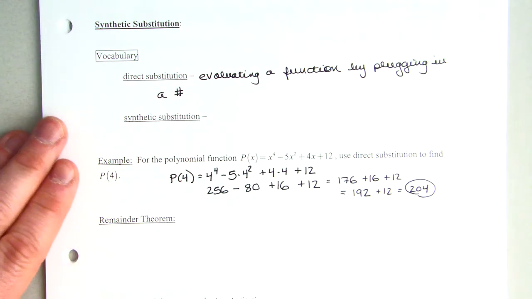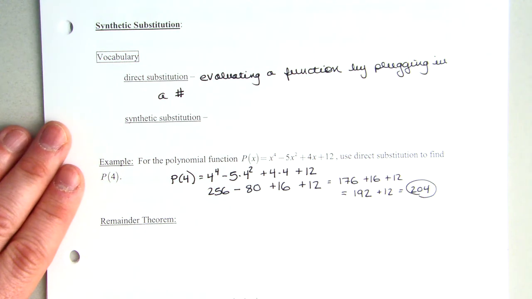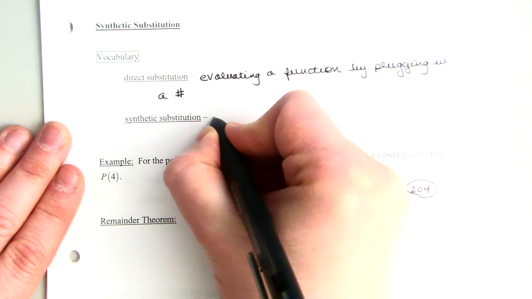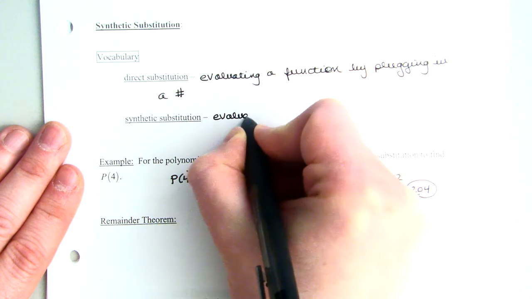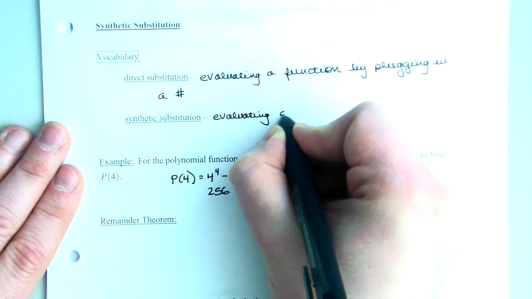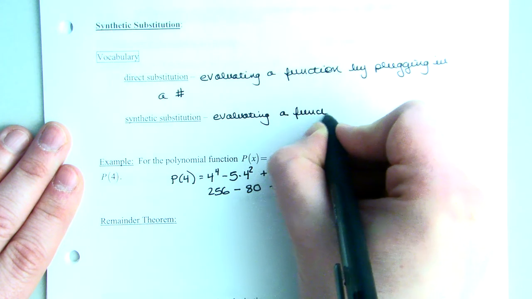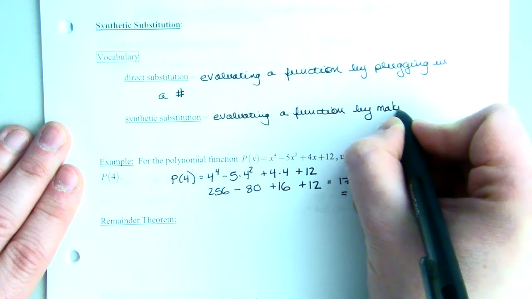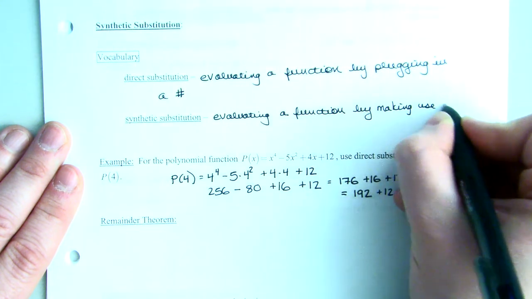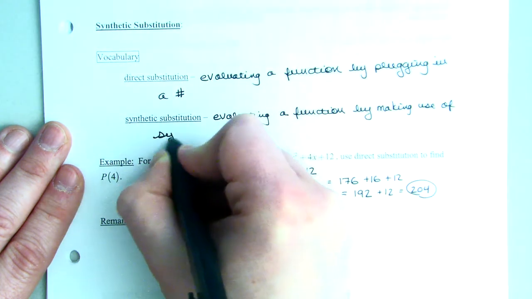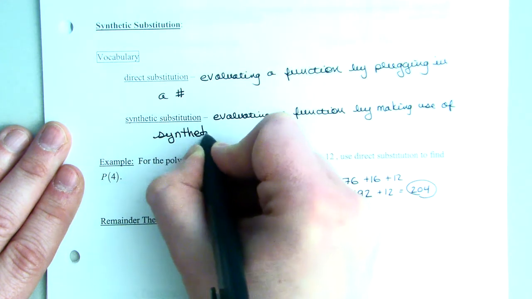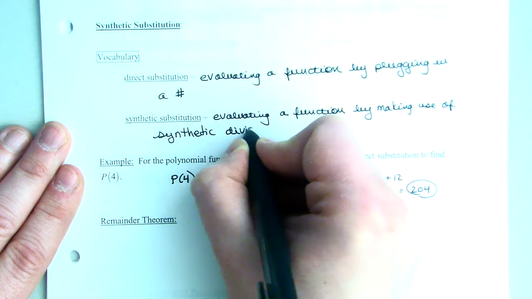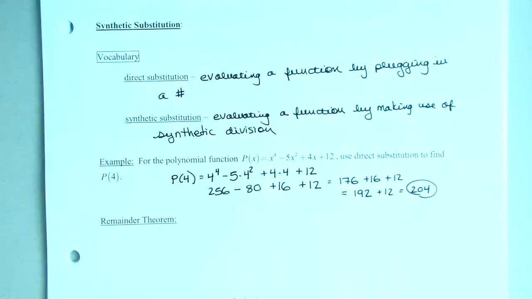And I'm just going to define synthetic substitution as evaluating a function by somehow making use of synthetic division, and I'll give you more specifics in a moment. Synthetic substitution, evaluating a function by making use of synthetic division, somehow. Get this in your notes.